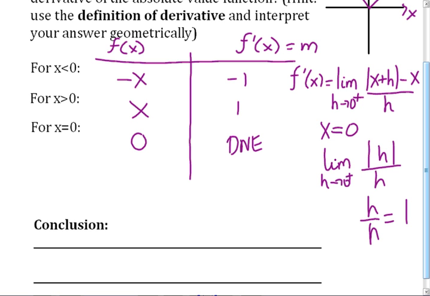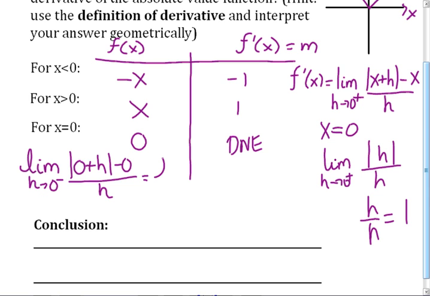Want to try the left? Do you know how to do the left? The limit as h approaches 0 from the left, and let's go ahead and substitute it in. It's 0 plus h minus 0. It's just the definition of the derivative over h. Grant, what does that give me? It gives me the limit as h approaches 0 from the left of the absolute value of h over h.